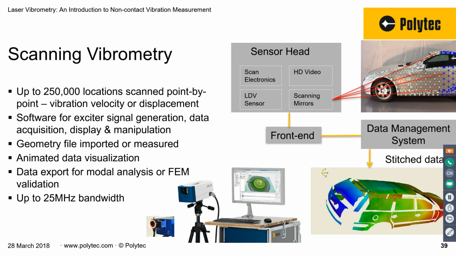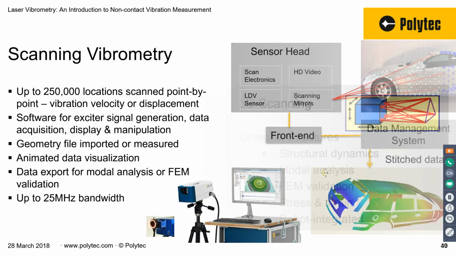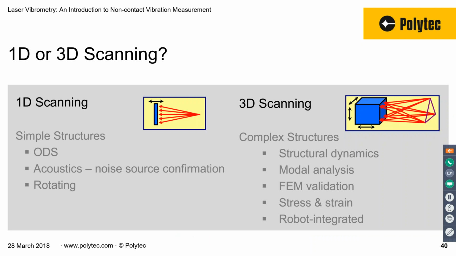We have a geometry measuring option, which uses a time-of-flight laser to scan the object to give us a measurement of the profile that we can also export with the finite element model correlation data, measured data from the vibrometer. These systems have bandwidths up to 25 megahertz, and they're available in 1D or 3D form.